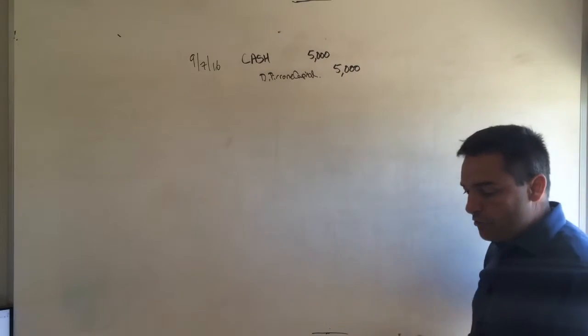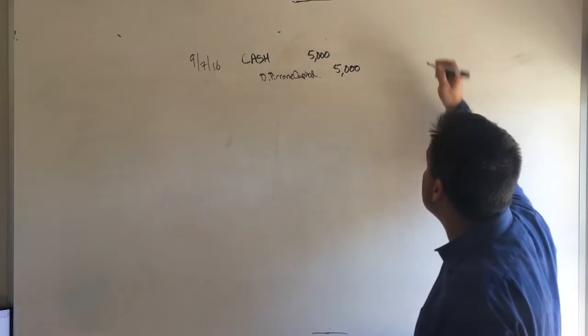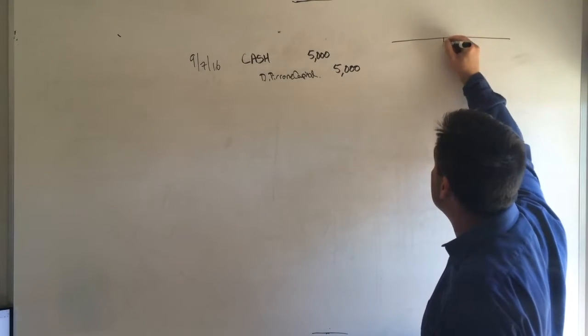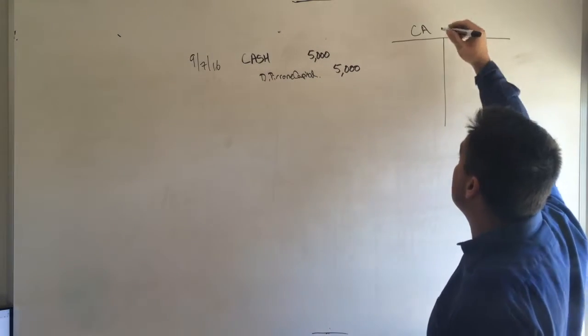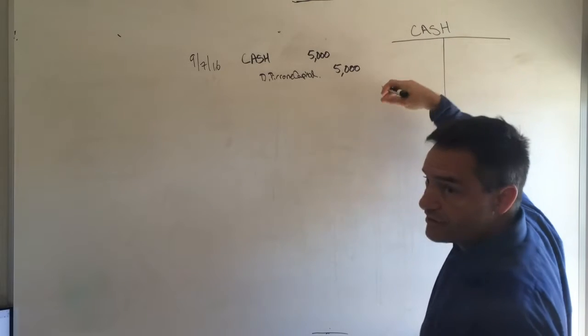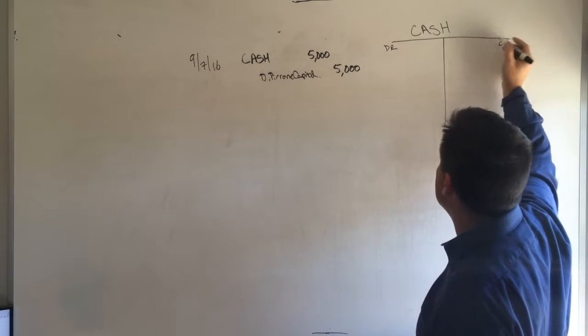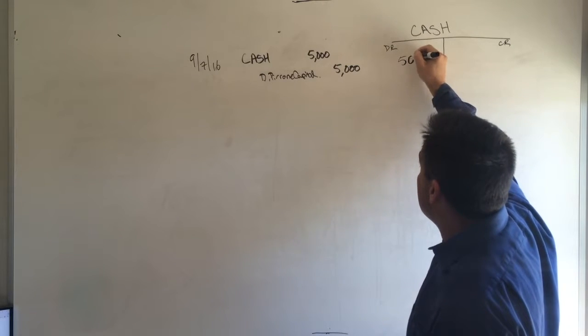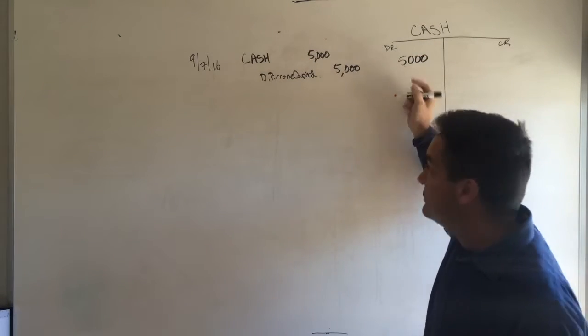From a graphical representation, we're going to do the T accounts, and the T accounts will show what's going on in a particular account. It'll be helpful when we're creating the financial statements. So in the cash account, there's a T account. The left side of the account is called the debit side. The right side of the account is called the credit side. And we have a $5,000 debit represented here.